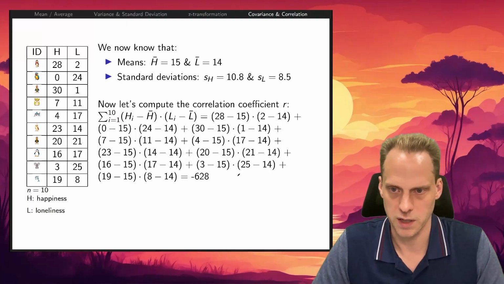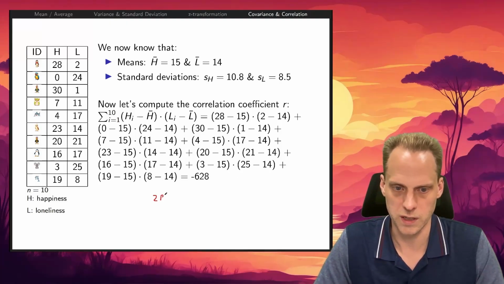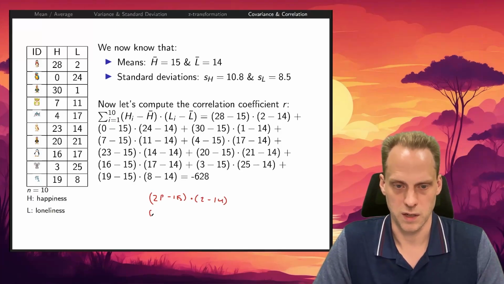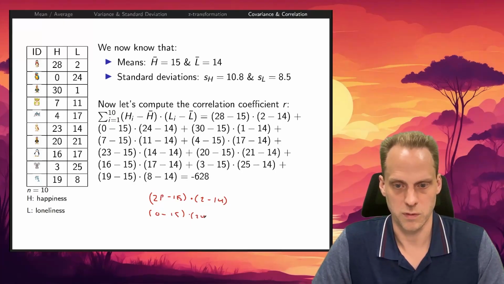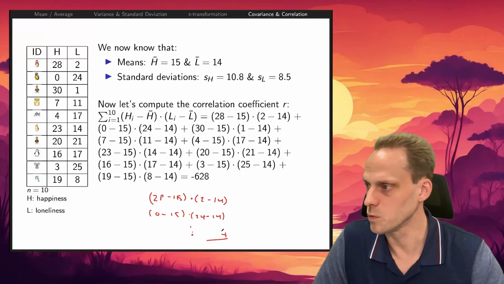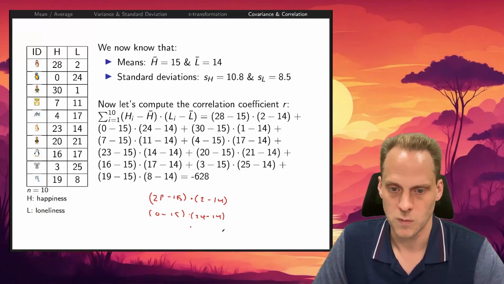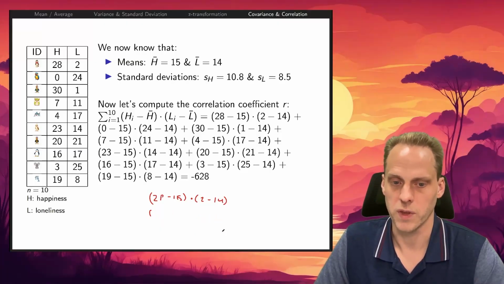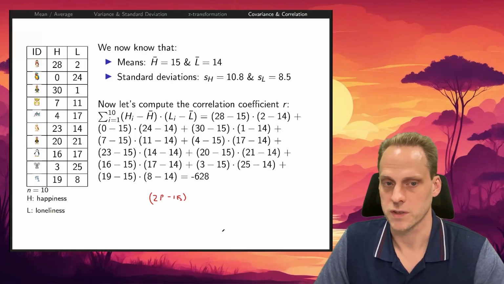I can say, okay, 28 minus 15 times 2 minus 14, and then 0 minus 15 times 24 minus 14, etc., and then write plus. It might be nice notation, but it wouldn't fit on the slide. Or take it in steps. First calculate the deviations, then square them, then sum them, etc.